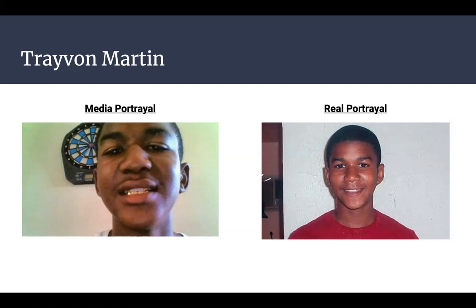For example, he had a suspension for having, I believe it was marijuana residue, something to that effect, at school. And instead of talking about all of the good things or showing the picture on the right where he is a typical young man, smiling and happy, they continuously chose to focus on the negative.